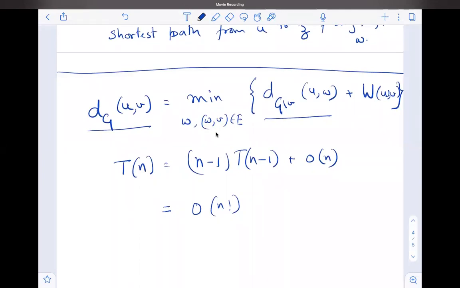But if there are no negative weights, then there is no need to look at everything, because we can simply take the minimum of all the paths we are coming through. So it's actually doing a greedy search in every step. If we can pick the minimum path in every step, then we can come up with that.